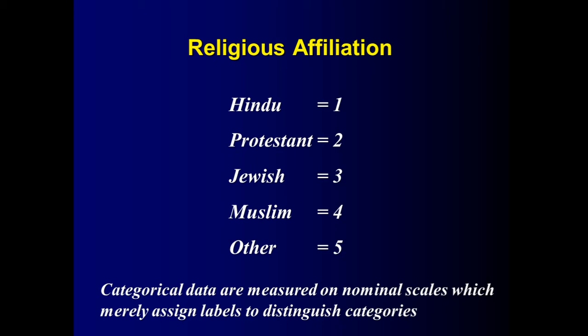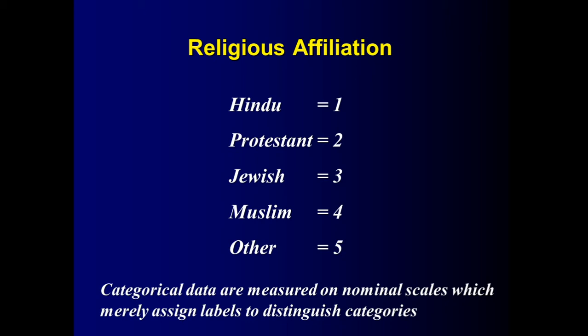But here you can see there are also Jewish religion. So therefore, in a country where you are conducting a study, you would know who is the predominant religion representation. So therefore, Hindu is equal to 1, Protestant is equal to 2, Jewish is equal to 3, Muslim is equal to 4, and others is 5.